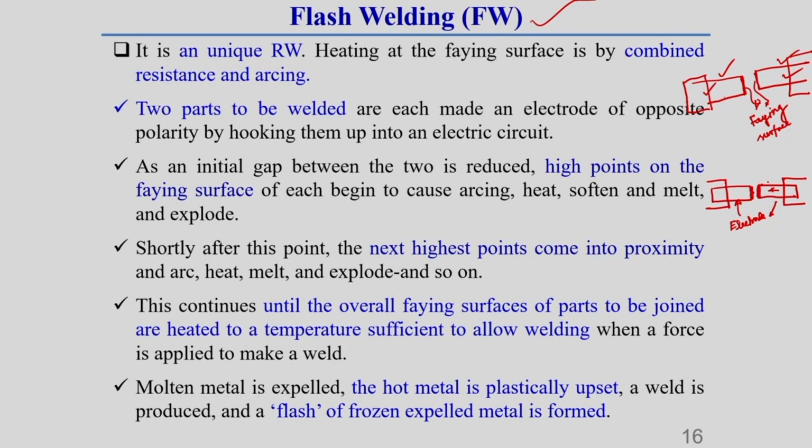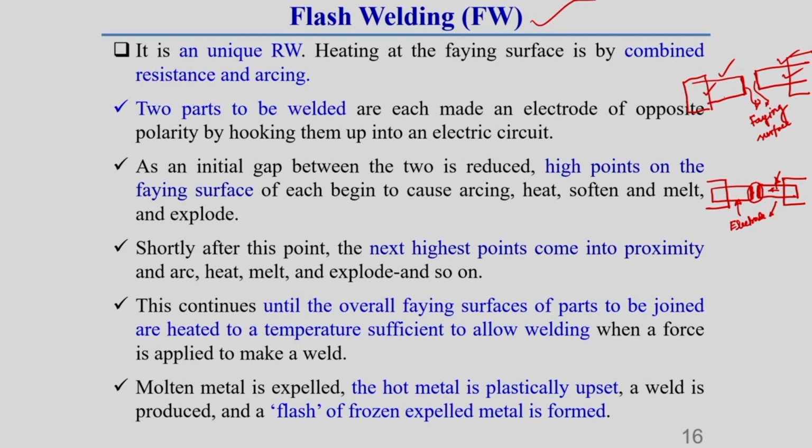Once it is sufficiently heated, plastic deformation takes place at the front part of the two workpieces, as well as some melting of material in the front position. Due to sufficient heating, both pasty as well as molten material is observed due to this arcing effect. After that, a pressure is applied. This pressure is applied by using the movable workpiece, or you can say the movable electrode.